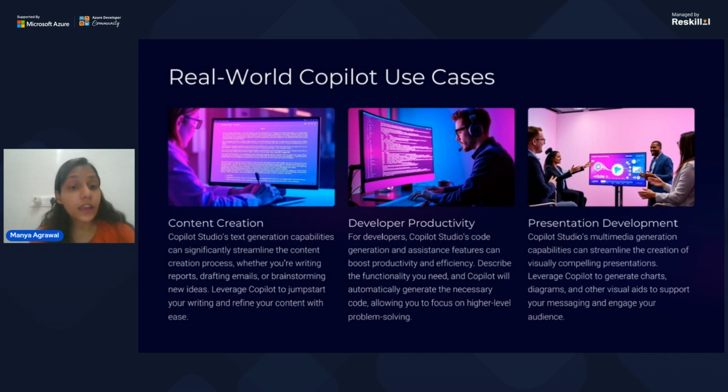In this, we can provide our problem statement, our prompt, then it easily provides us a code in a few seconds, which is very helpful for us. And Copilot will automatically generate the boilerplate code, allowing you to focus on the higher level.